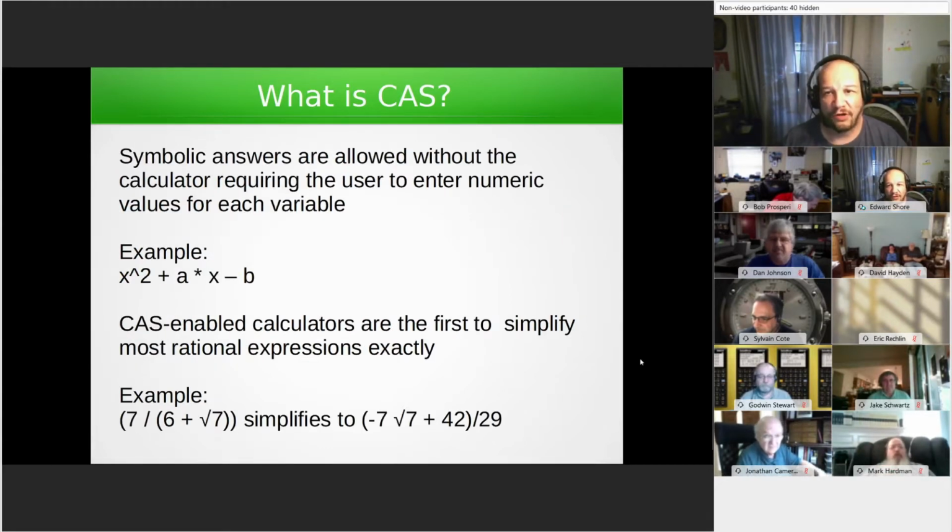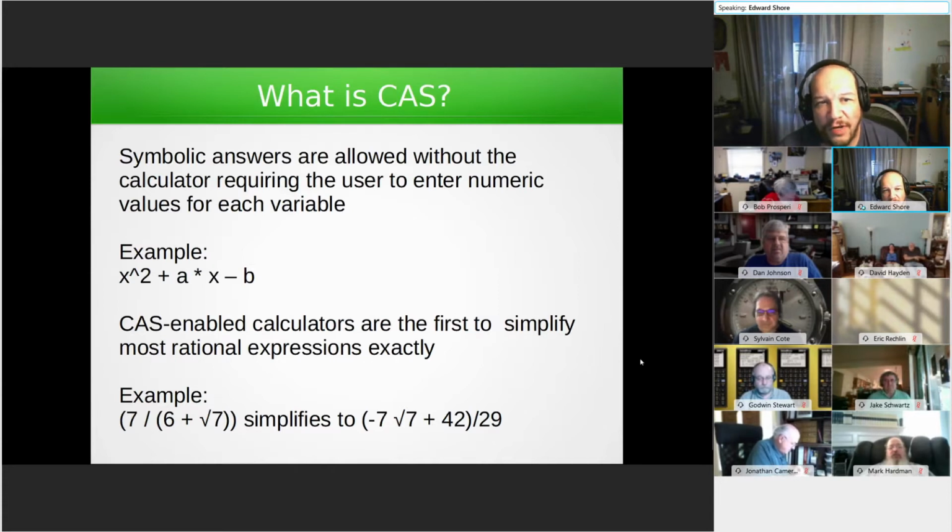Symbolic answers are allowed without the calculator requiring you to use numeric values for each variable. So, for example, if I have the expression x squared plus a times x minus b, you can manipulate that expression without having to enter a value for either x, a, or b.